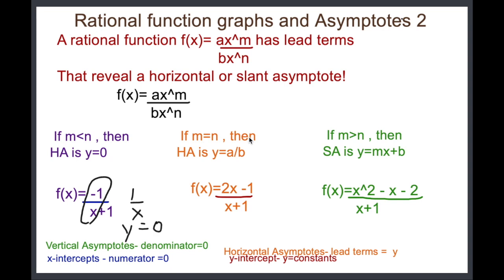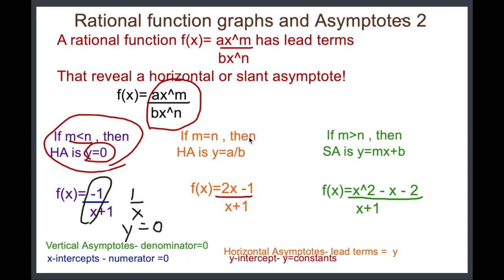Anytime that the exponent in the denominator is larger than the exponent in the numerator, say it the other way, the numerator is smaller than the denominator exponent, then the horizontal asymptote will be y equals 0.